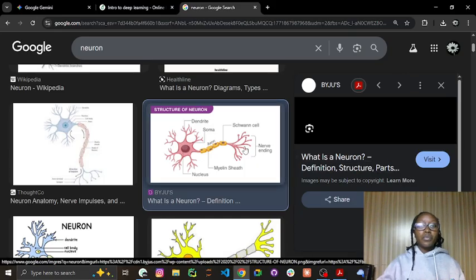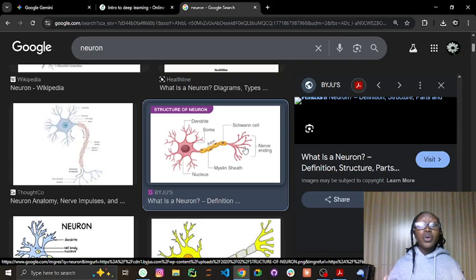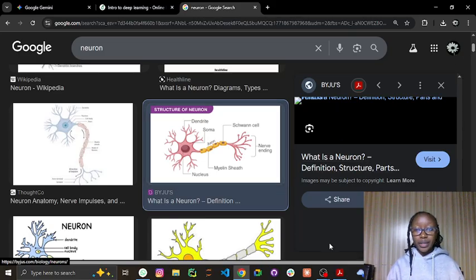From here you can see we have the dendrites, the soma, the nucleus, the myelin sheath, the axon, the Schwann cells, and the nerve endings. This is basically the same idea we use for neural networks.